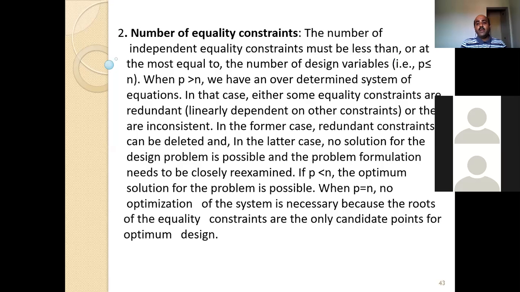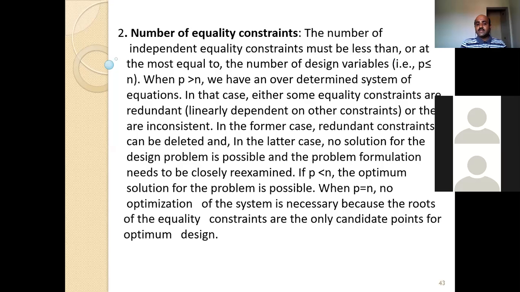The question is how many equality constraints can we have in our optimization model? It is not that you can have any number; there is a restriction on the number of equality constraints in an optimization. That's what we are discussing here.